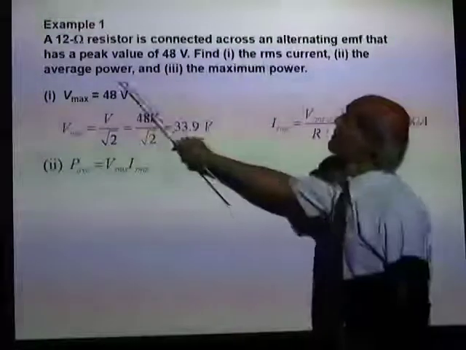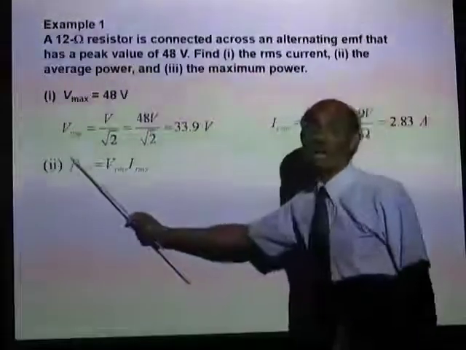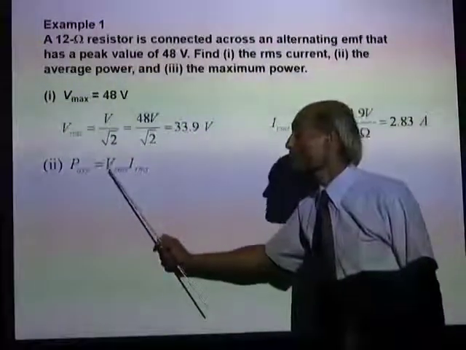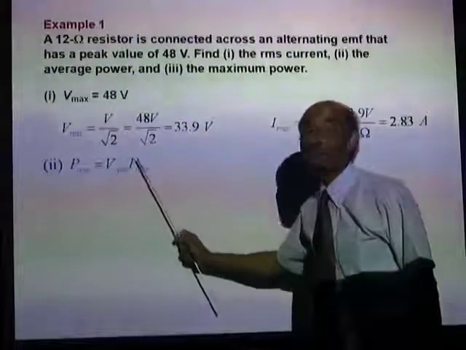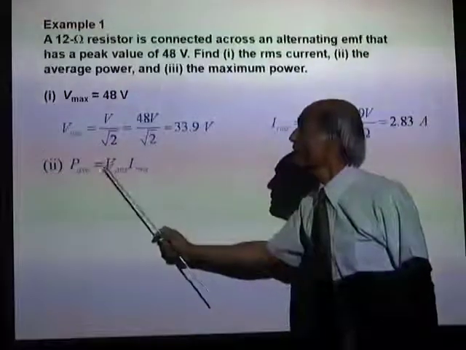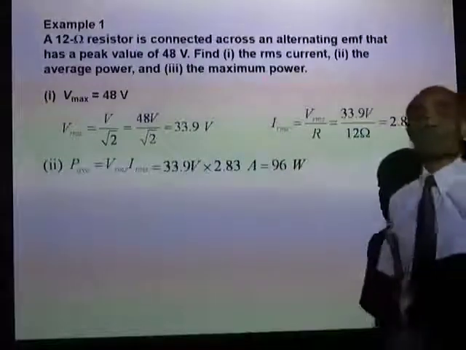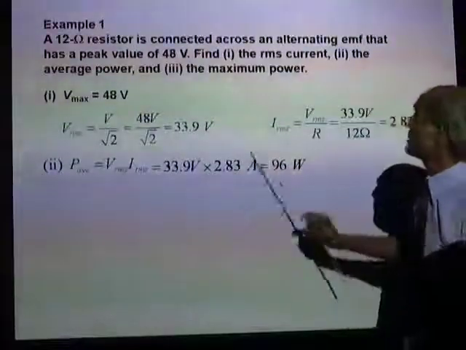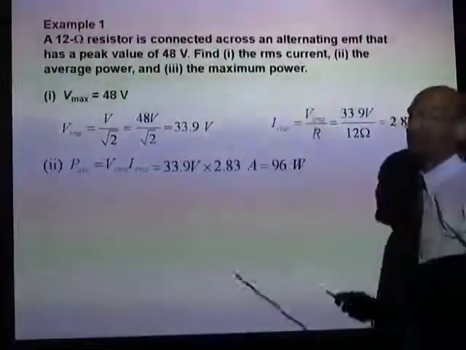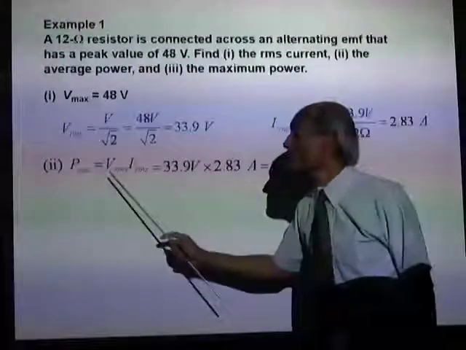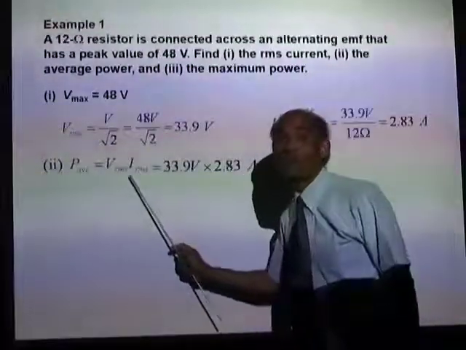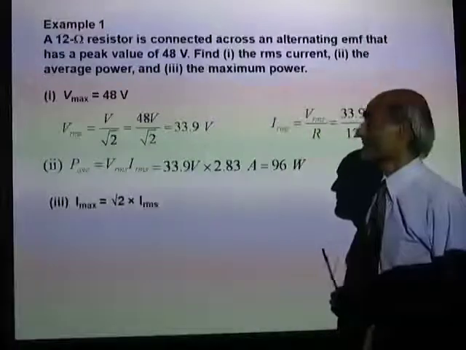We need to find the average power. The average power is the product of Vrms and Irms, and we know both these values, and that gives you the average power as 96 watts. What is the maximum power? The maximum power will be the product of Vmax and Imax.